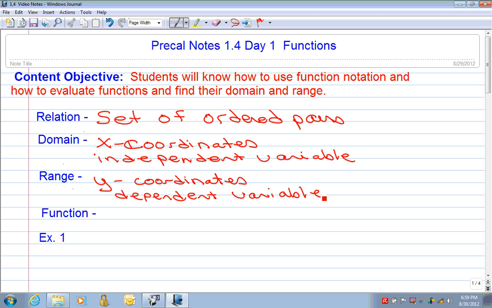Okay, we've talked about a relation, the domain and the range, and mentioned that in a function, the domain and the range are the independent and dependent variables. Let's identify what a function is versus a relation.